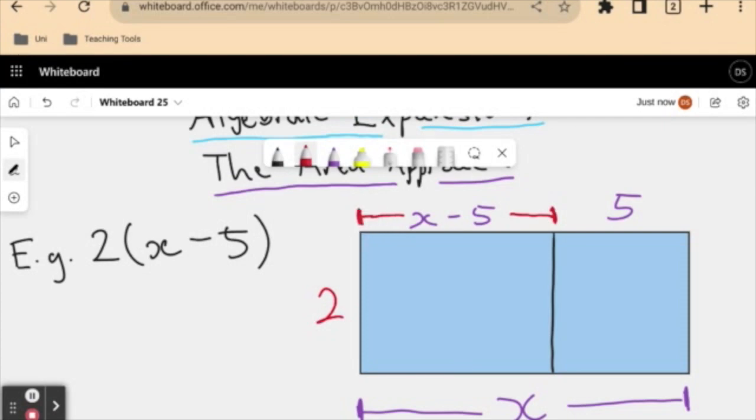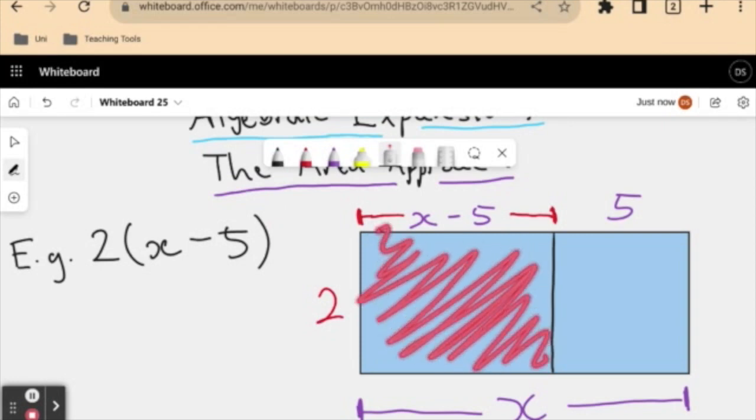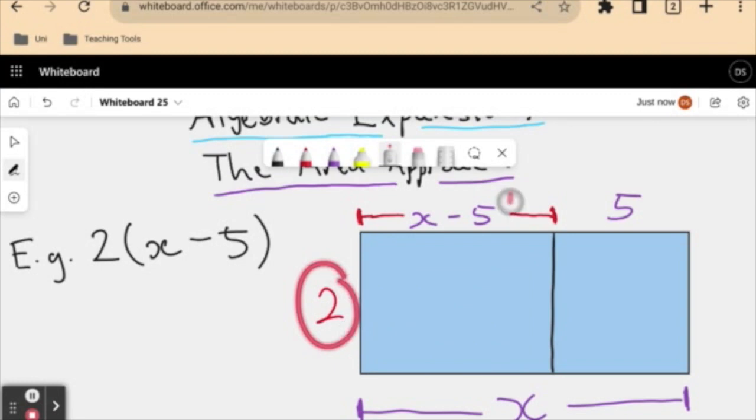So we can say that completing this multiplication, this algebraic expansion, would just sort of be like finding the area of this bit here, of our dimension 2 multiplied by our dimension x minus 5.